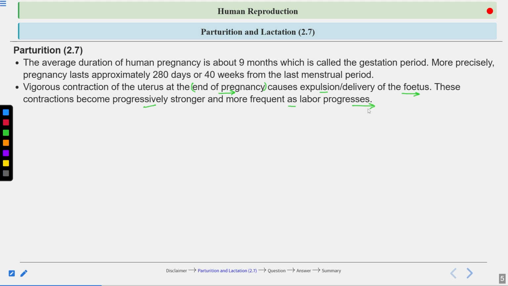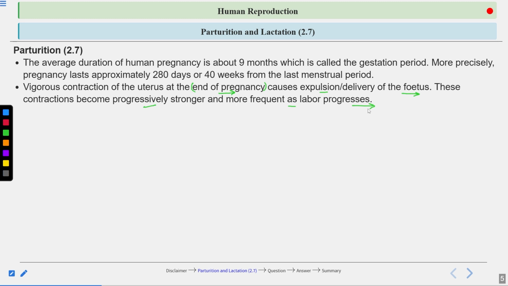In this myometrium, contraction occurs, because obviously it is made up of smooth muscles. And this contraction is further stimulated by a hormone known as oxytocin.